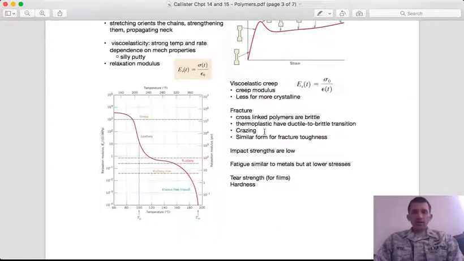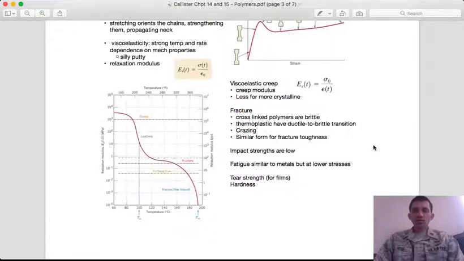In failure mode, polymer materials also exhibit a form of failure called crazing, and this is similar to the microvoids that occur in metals at fracture, where you have sort of small voids that grow and coalesce, leading up to fracture.